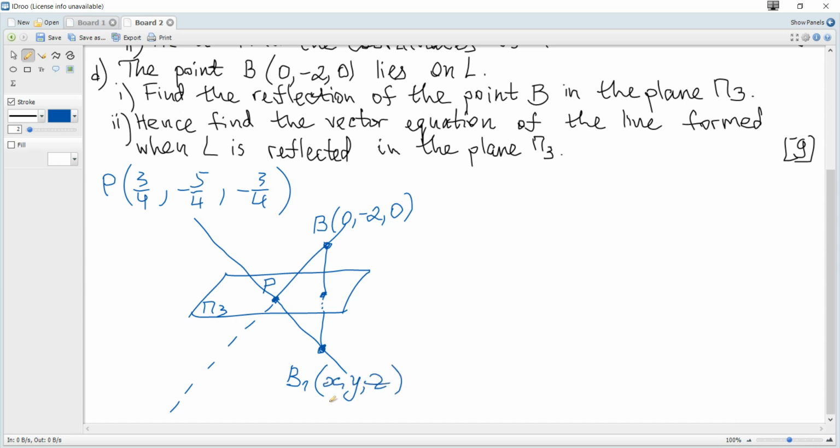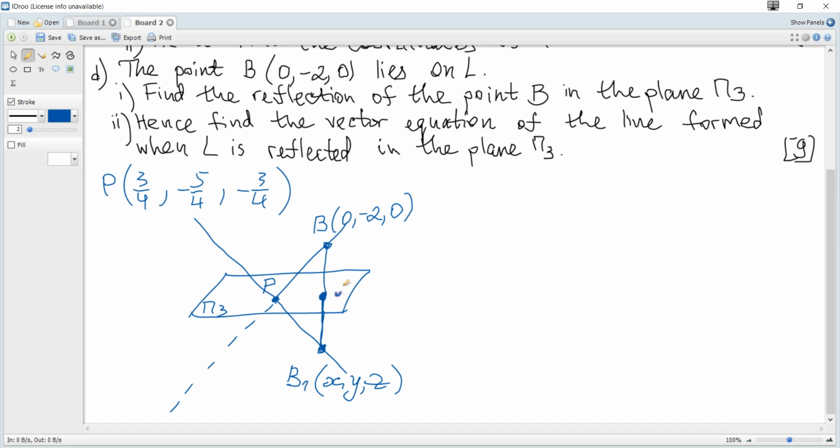These are the required coordinates of a point, and also the coordinates of P are known.